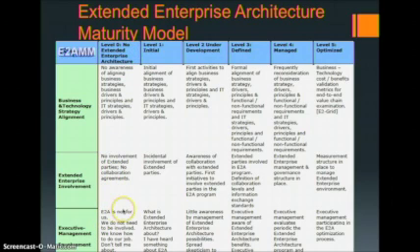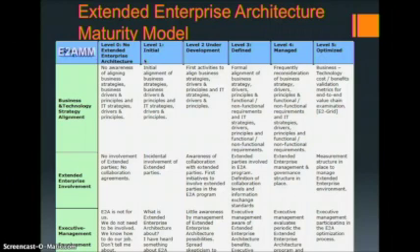If we take an example for the executive management involvement at level 0, they say E2A is not for us, we do not need to be involved, we know how to do our job, don't tell me about it. Whereas level 5 for the same layer looks like the executive management participating in the E2A optimization process. So the extended enterprise architecture maturity model gives a roadmap of how to implement the enterprise architecture framework.